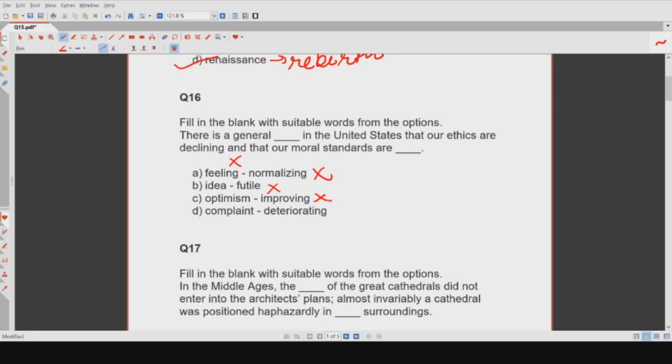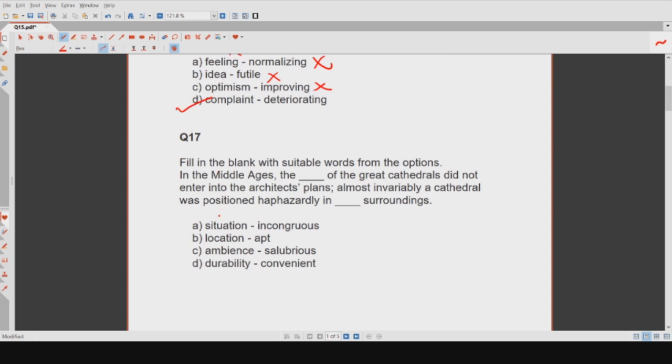No, this is also the wrong answer. There is a general complaint in the United States that our ethics are declining. Here we have used negative words, so in this blank, the word that will come will also be negative. So complaint is a negative word, and also it is making sense, and that our moral standards are deteriorating. So option D is the correct answer.